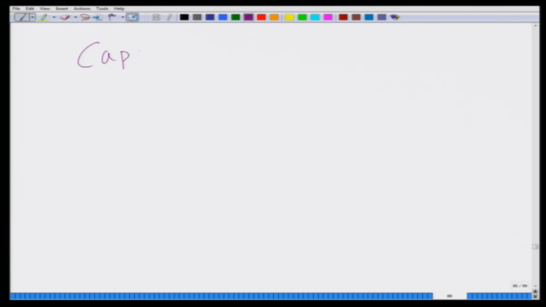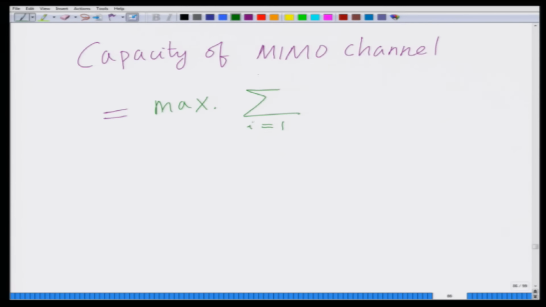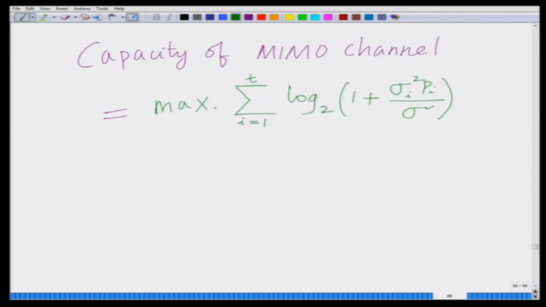Capacity of the MIMO channel equals the maximum of summation i equals 1 to t log to the base 2 of 1 plus sigma i square Pi divided by sigma square, subject to the constraint that the total transmit power summation i equals 1 to t Pi is less than or equal to P.